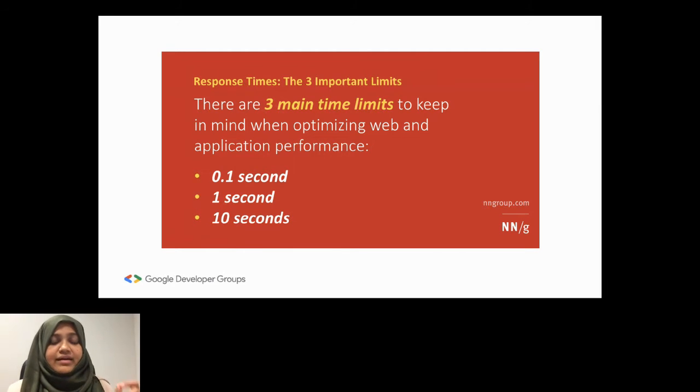They say that 0.1 second is the minimum time your app should take to respond to a user action, and 1 second for a certain set of user actions, and 10 seconds for a certain set of user actions. So when you are trying to optimize the experience, or even your web application performance, but we're going to talk about the user experience side of things today, the 3 main time limits to take into consideration are 0.1 second, 1 second, and 10 seconds.